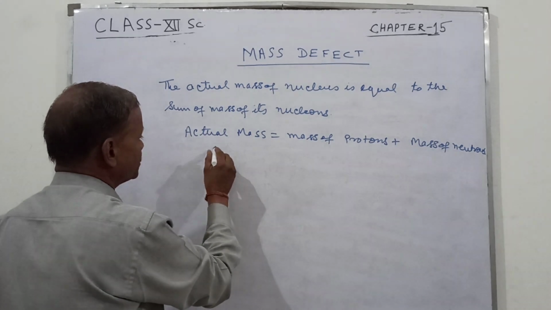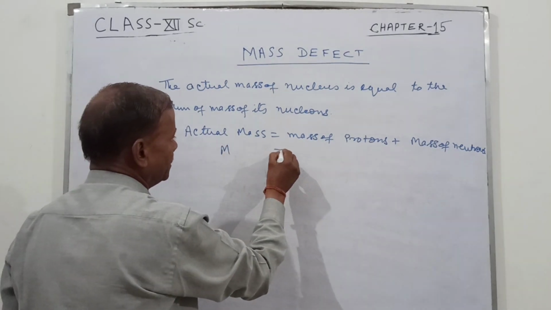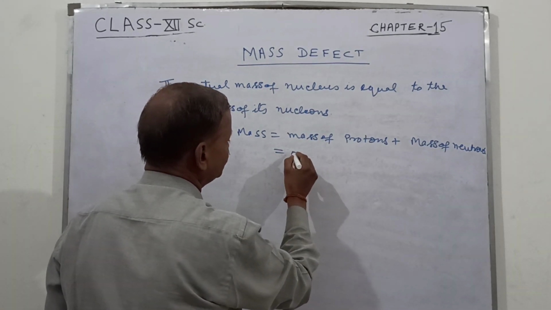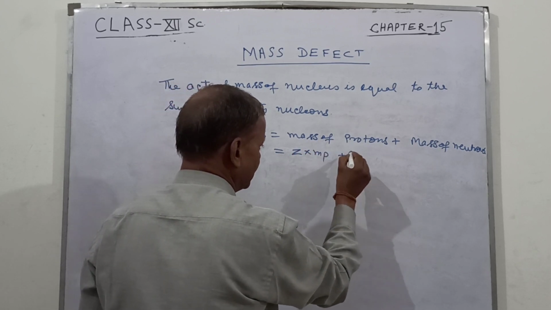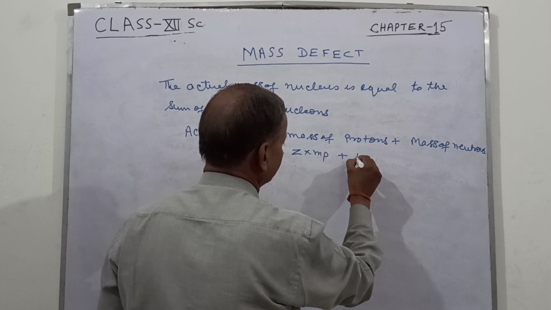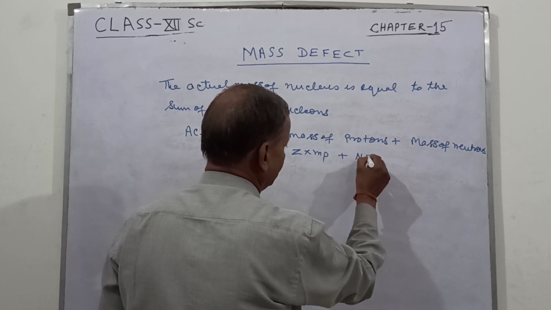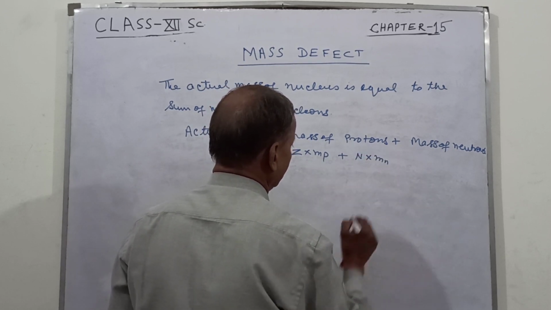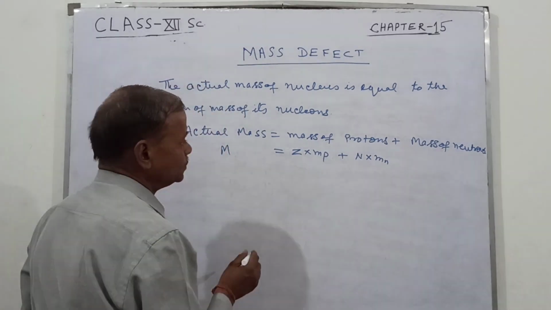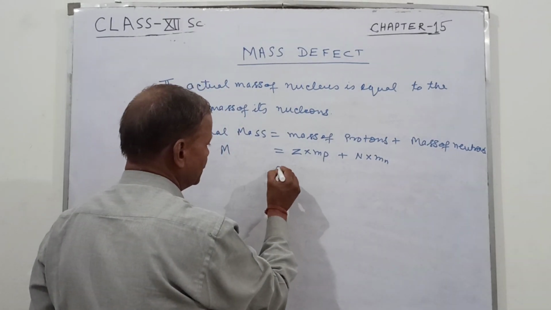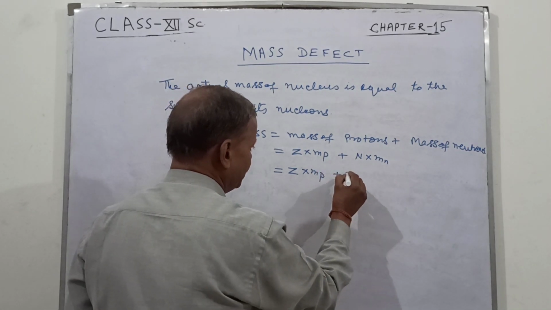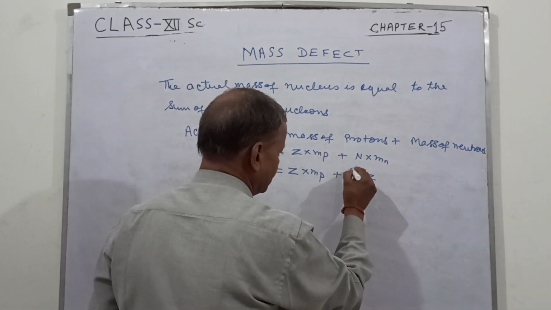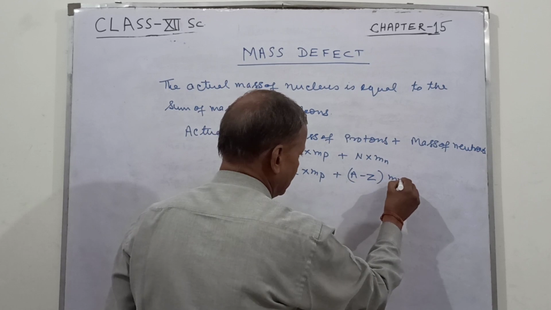So actual mass M is equal to Z into Mp plus N into Mn, or we can say Z into Mp plus (A minus Z) into Mn.